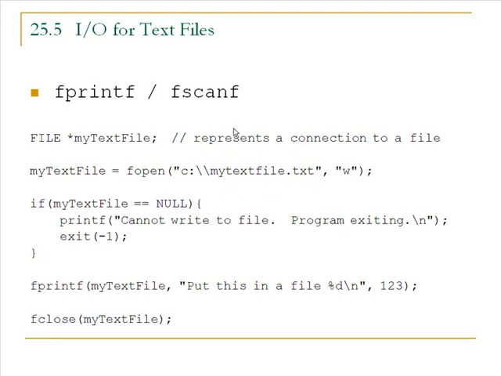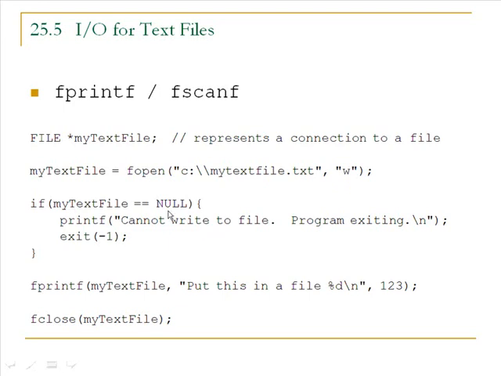Or if you're opening it for reading and it's not there, then the fopen would fail to return a valid pointer. If you're opening a file for writing and it isn't there, it will be created for you. So if we have no file on the C drive called mytextfile.txt and we open it for writing, we will make a file in that directory.